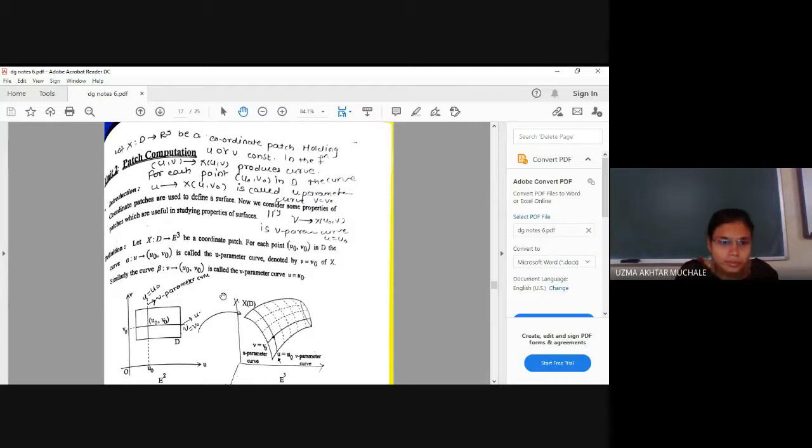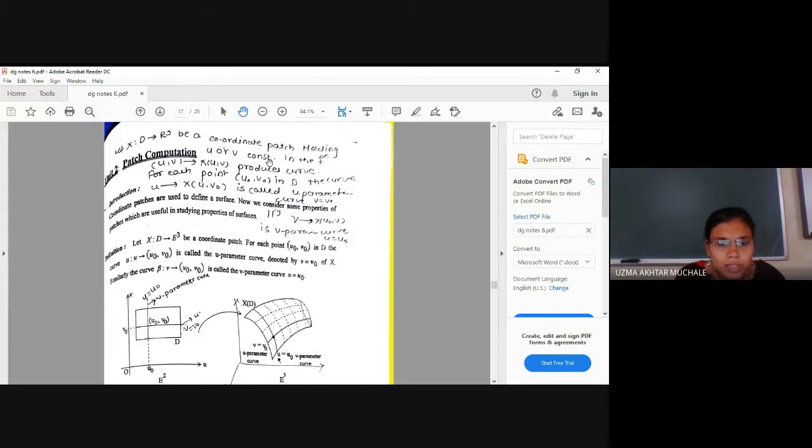Coordinate patches are used to define the surface. Now we will consider the properties of patches which are useful for studying the surfaces. Or in another way, we have a definition. Let x be a function from D to E3, a coordinate patch.